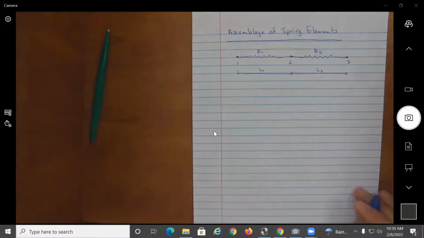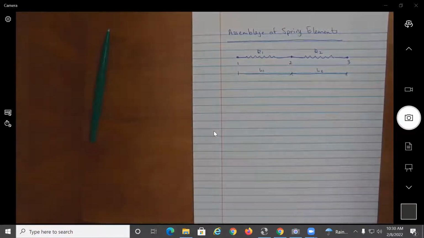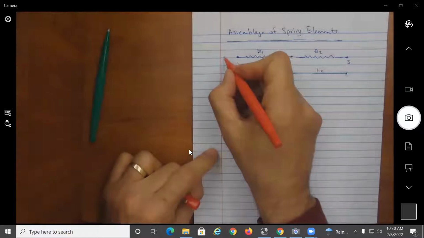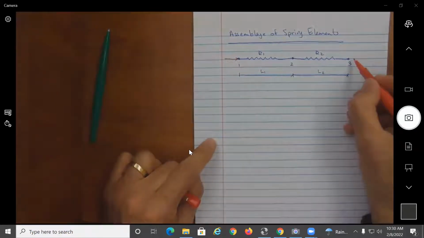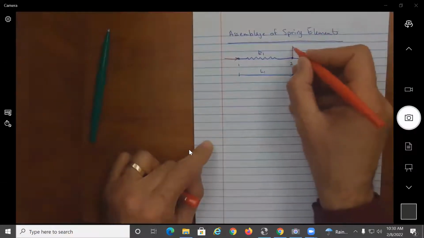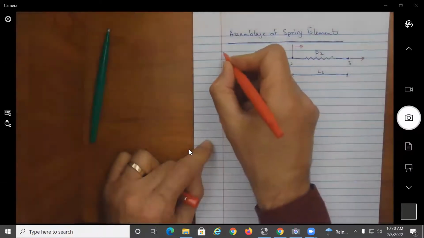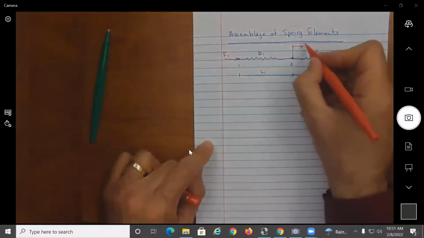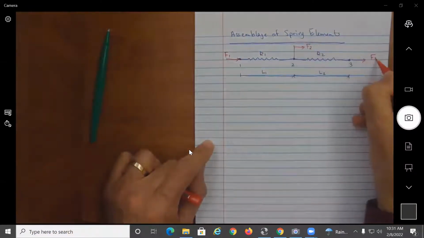So now I'm looking at the assemblage. I'm looking at a system. Now this system could be subject to external forces applied at the nodes given by uppercase F1, uppercase F2, uppercase F3.